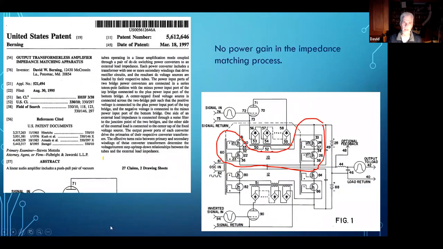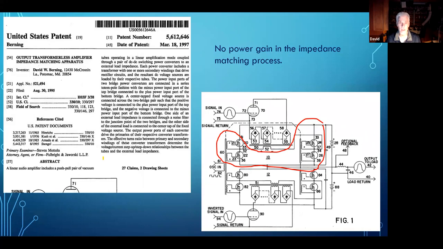This is the patent that was issued to me in 1997 that covers the ZOTL. And I'm just going to read a little bit of the abstract. A linear audio amplifier includes a push-pull pair of vacuum tubes operating in a linear amplification mode coupled through a pair of DC to DC switching power converters to an external load impedance.